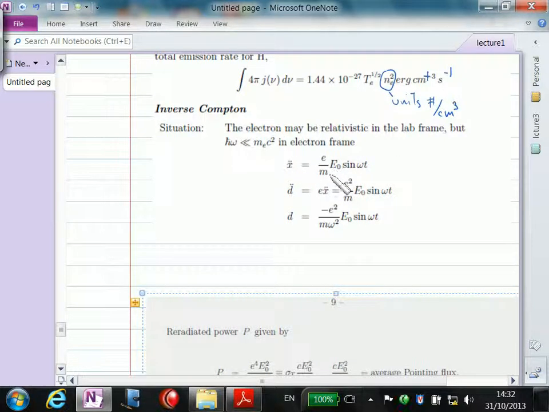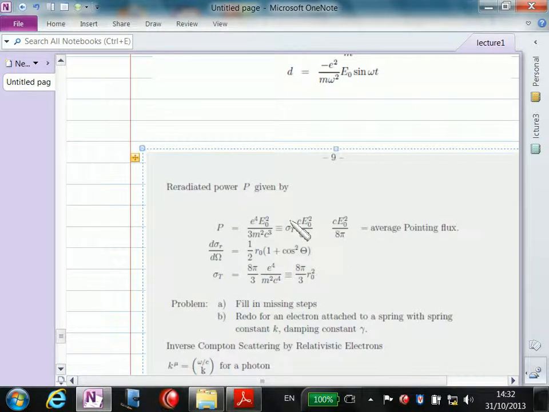The dipole moment is e times x. D is the dipole moment, and therefore the power radiated is this: 2/3 e squared a squared over c cubed, where a is x double dot, i.e. 2/3 D double dot squared over c cubed.